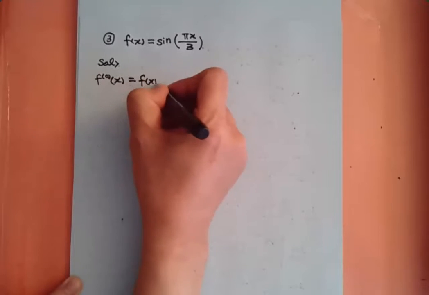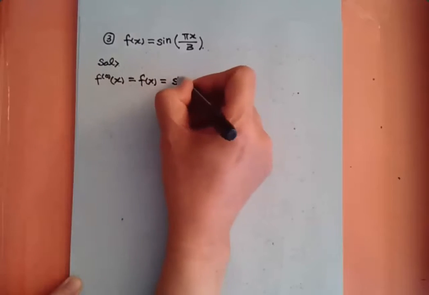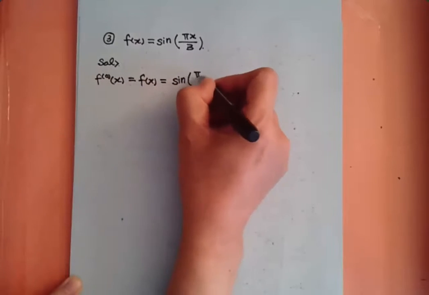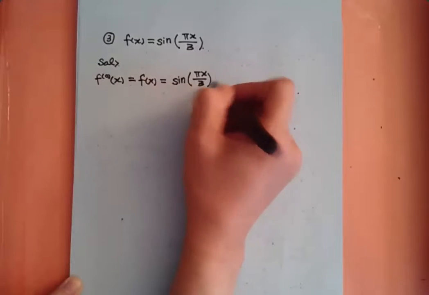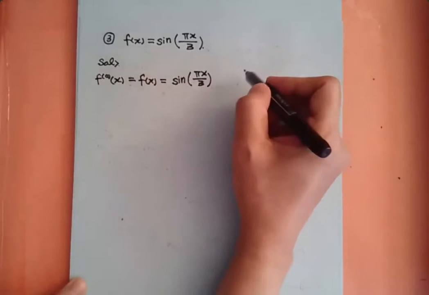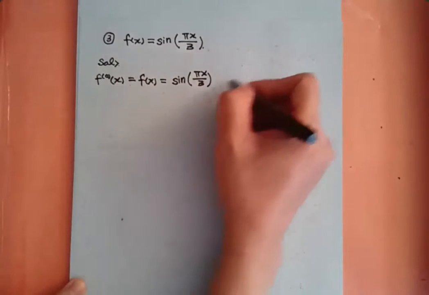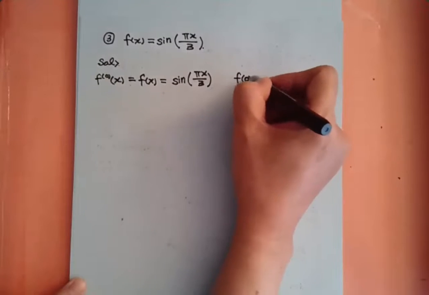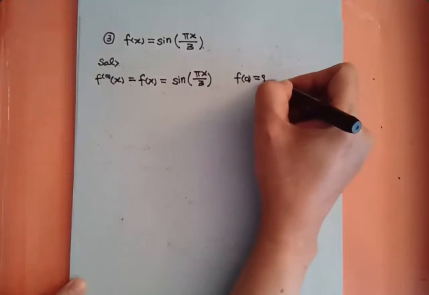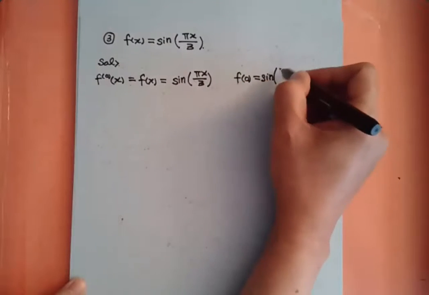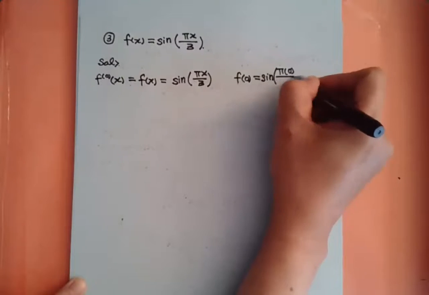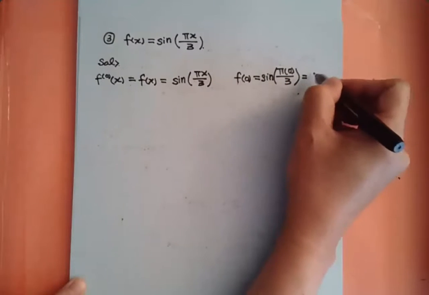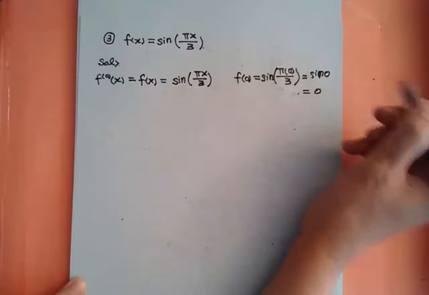So f of x equals sine of pi x over 3. So we have to evaluate at 0. Then f of 0 equals sine of pi times 0 over 3, which is sine of 0 equals 0.